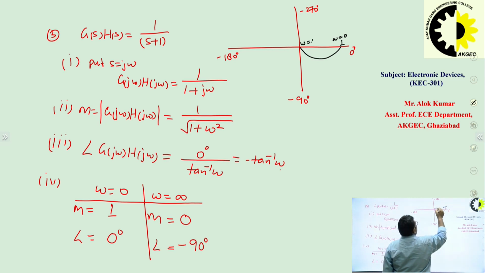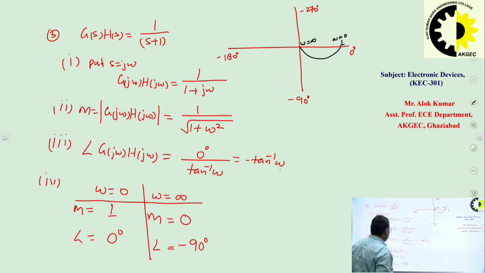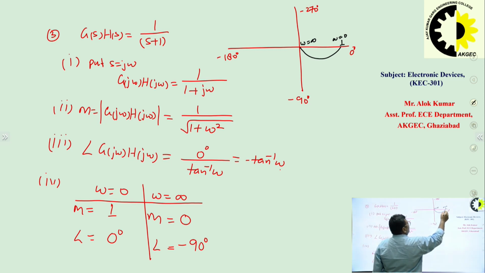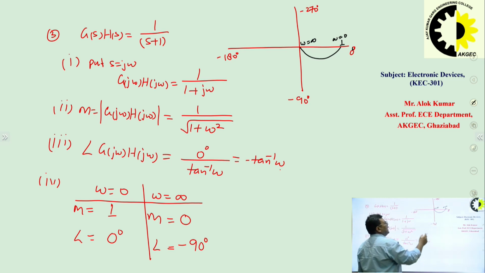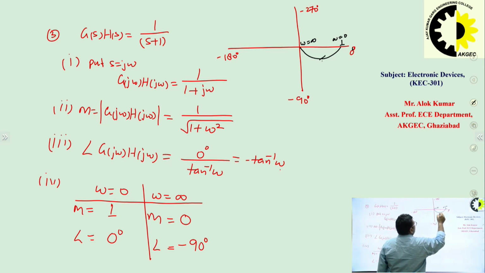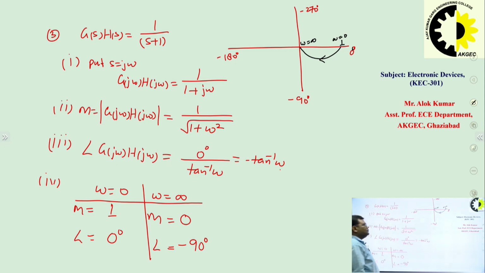Here at omega is equal to infinity, we have 0 magnitude, and this is 0 degree obviously, and this one is minus 90 degree, and the direction will be from lower frequency to higher frequency. So this will be the polar plot for the given question, right?